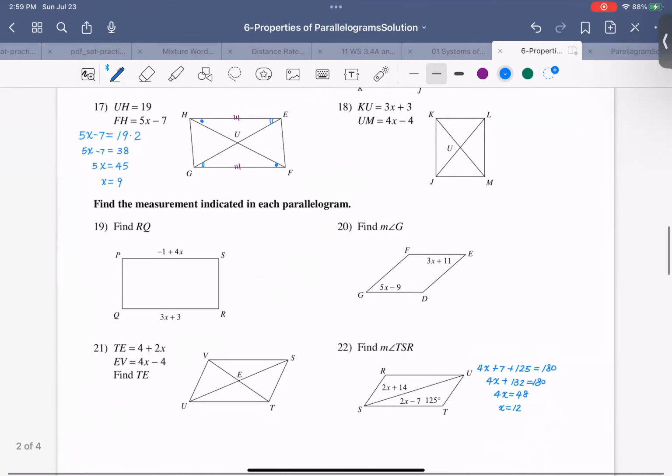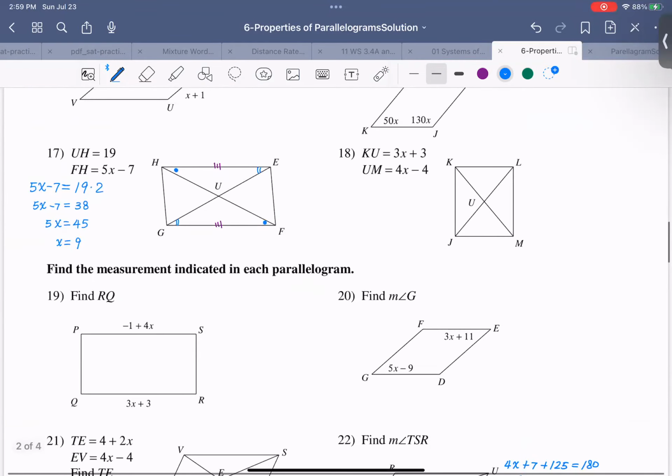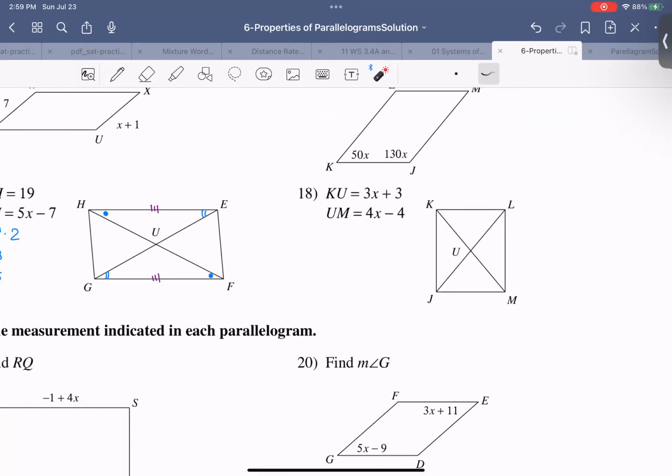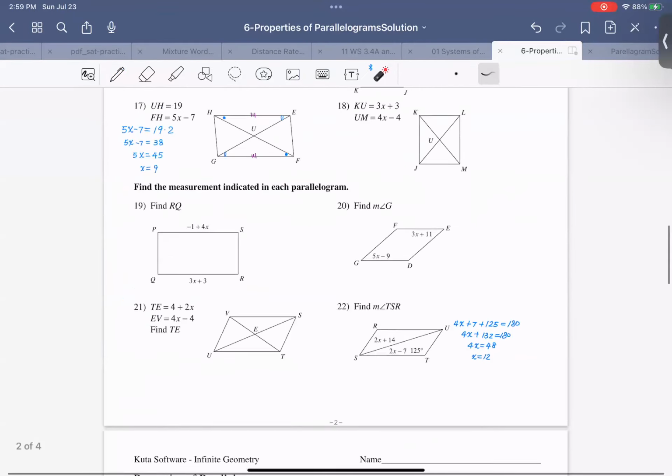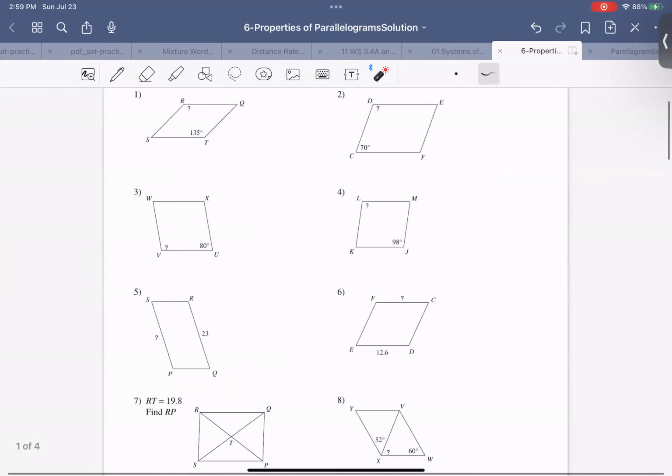Thank you. I don't see any harder questions over here. Look at this. This is KU, this is UM. They bisect each other. So you make these two equations equal. Quite simple. There is no hard question on this worksheet.